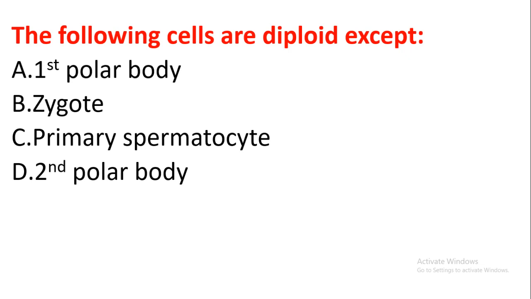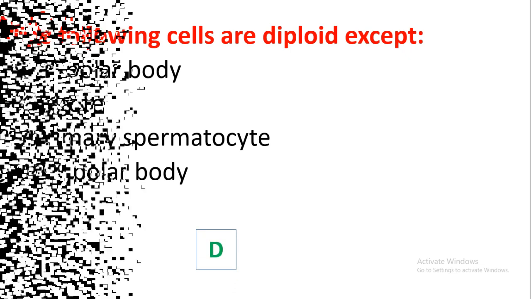Primary spermatocytes are still diploid. And then the second polar body, which is formed either from the first polar body or after fertilization. Remember that there are three polar bodies which are created. So in this case, the answer is D, which is the second polar body.